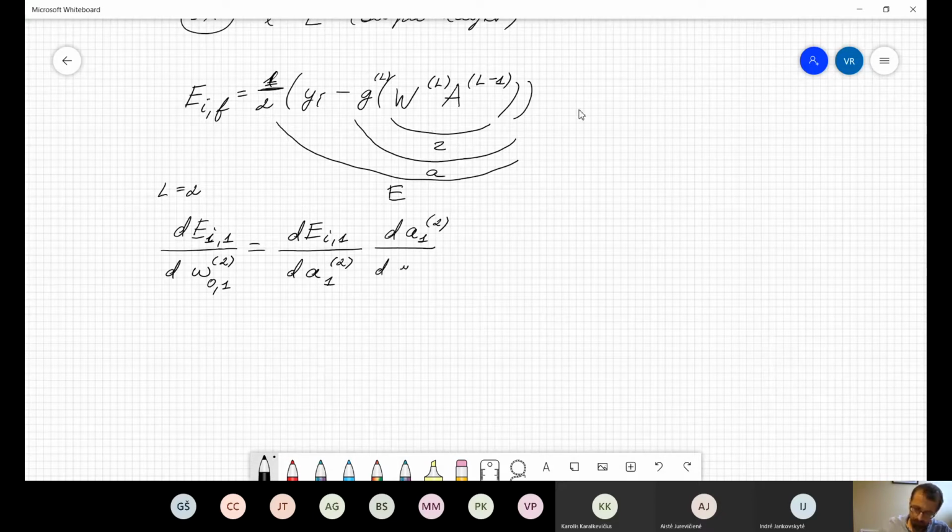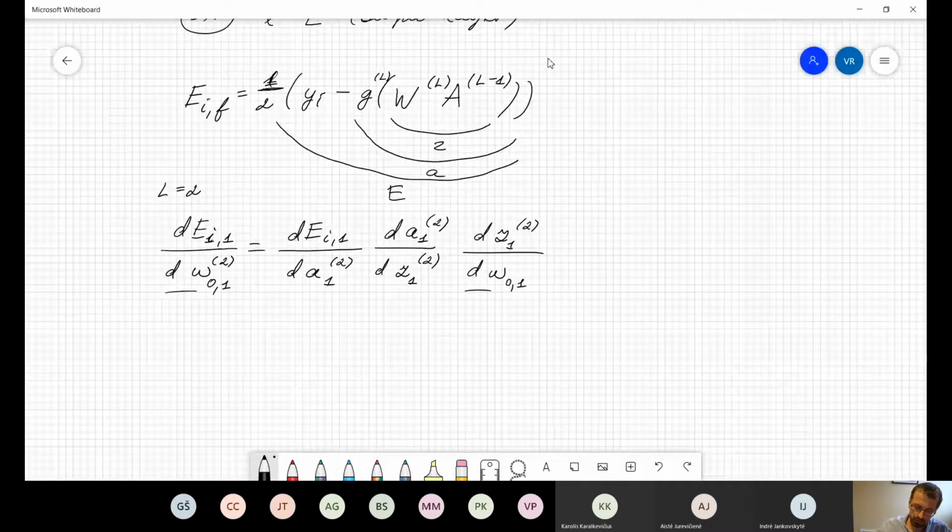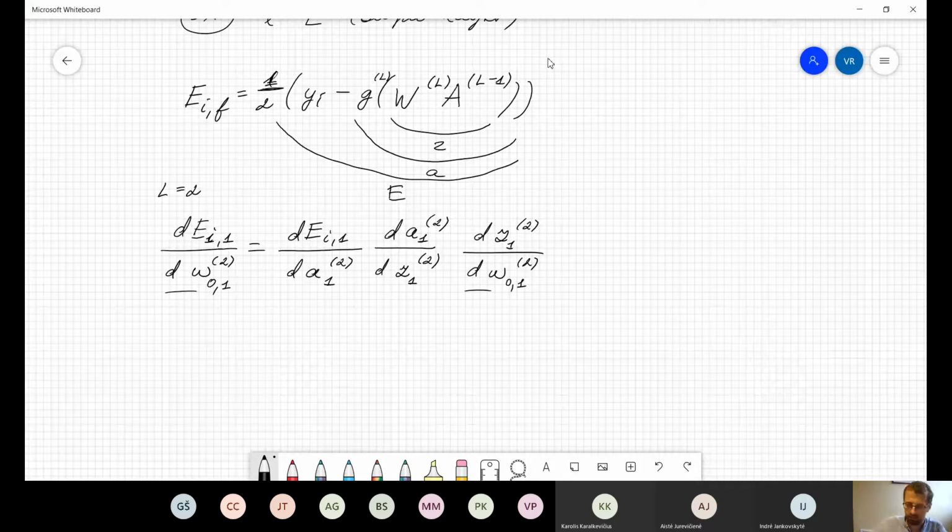Now we have a net input into this activation function, the Z part, so we multiply by the Z part. And now we take the Z2, the net input, and calculate the derivative with respect to W01. This is exactly the same weight we're looking for. We just got to the weight that is of our specific interest right here.